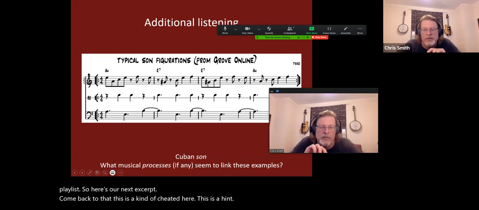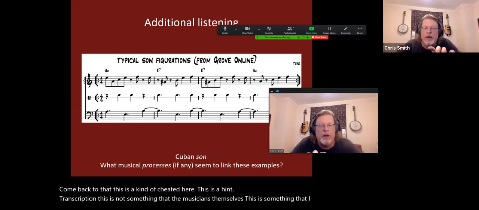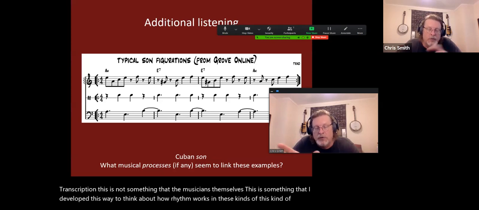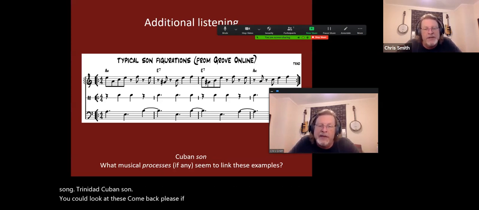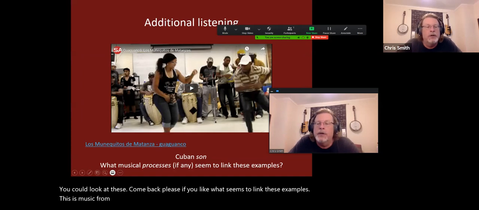This is not something that the musicians themselves use. This is something that I developed to think about how rhythm works in this kind of Cuban song. You could look at these, come back to these if you like. What seems to link these examples? This is music from just east of Havana in Cuba, Los Muñequitos de Matanzas. It's a style of dance music called guaguancó.